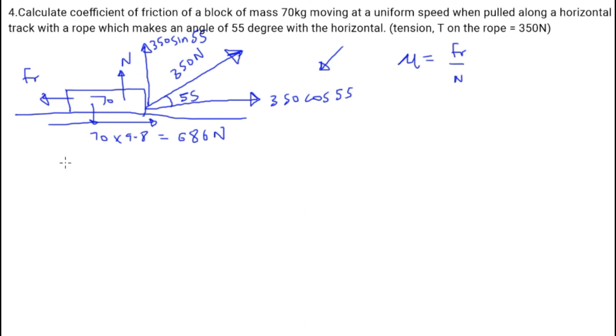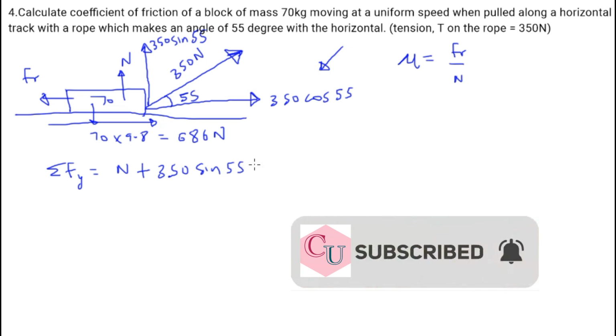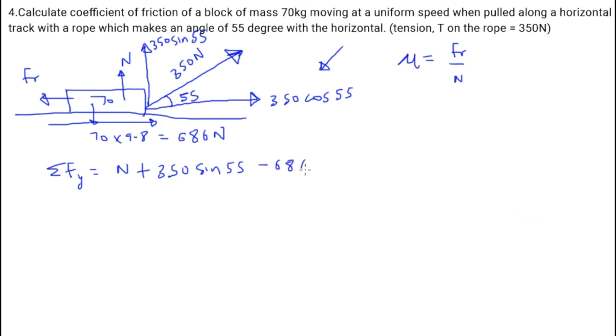We need to do summation of forces on the y-axis, and that's equal to N plus 350 sine 55 degrees, then minus 686 equal to 0. So I just need to make N the subject of the formula. N will be equal to 686 minus 350 sine of 55 degrees.